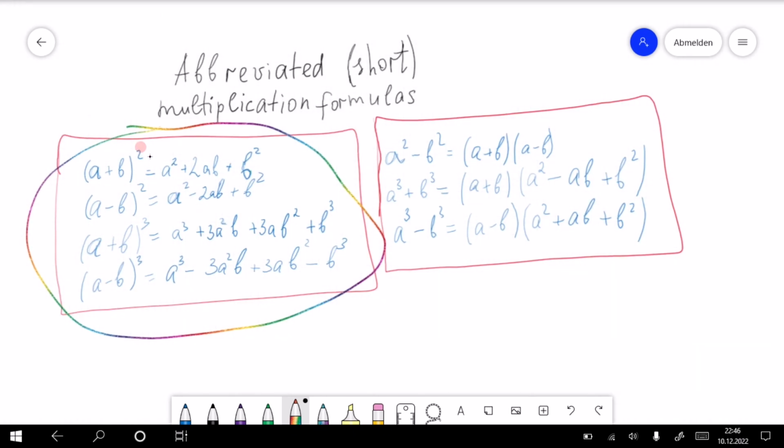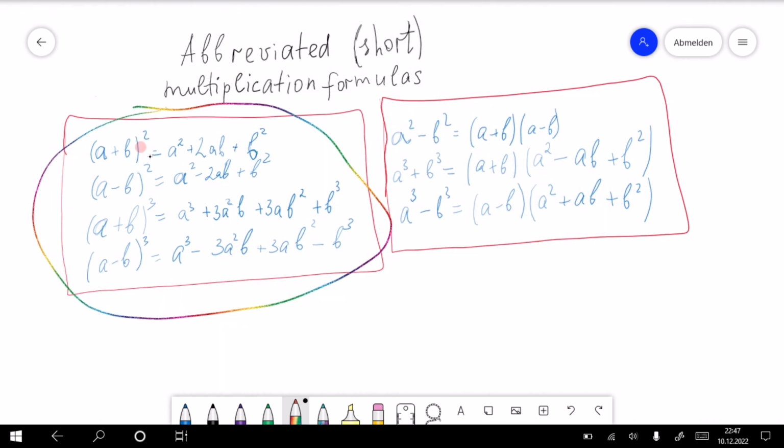I just wanted to demonstrate that these formulas aren't of the same nature. As I said before, these 3 formulas are the most important in school math.